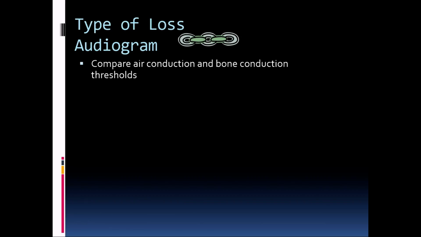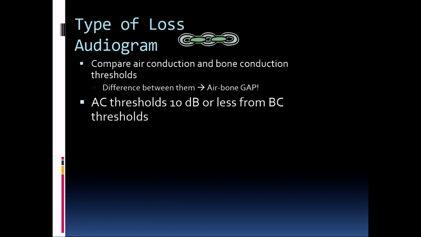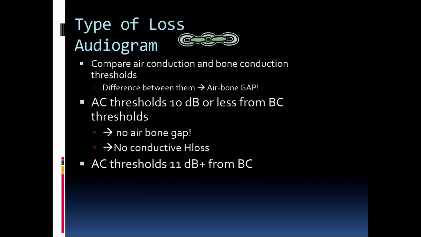So now let's link type of loss to the audiogram. What you have to do is compare the air conduction and bone conduction thresholds and look at the difference between them at each frequency. That difference is called the air-bone gap, if it exists. If air conduction thresholds are 10 dB or less from bone conduction thresholds, there is no air-bone gap and no conductive hearing loss.